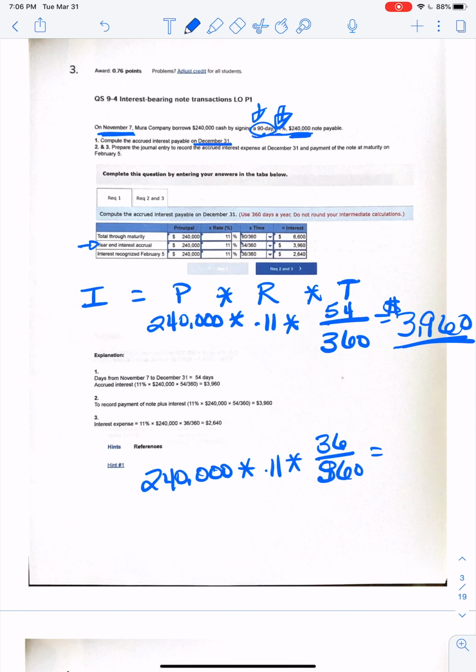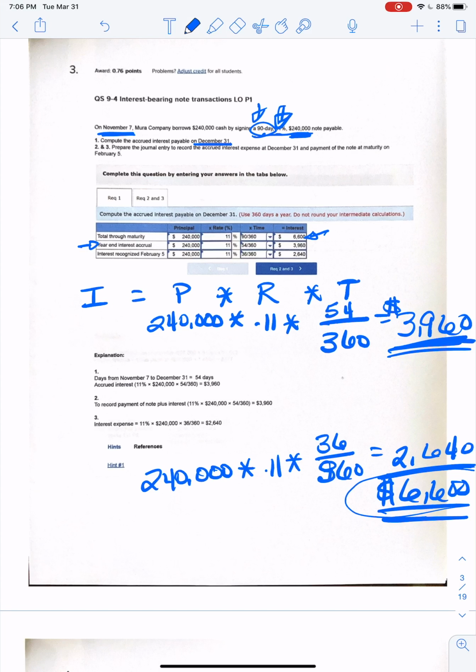When you do that, what you'll get is $2,640. Those two together will bring out the $6,600 that we saw right there. This is the amount of interest expense in the current year. This is the amount in the next year, and this will be our total interest expense that we'll incur over the life of the loan.